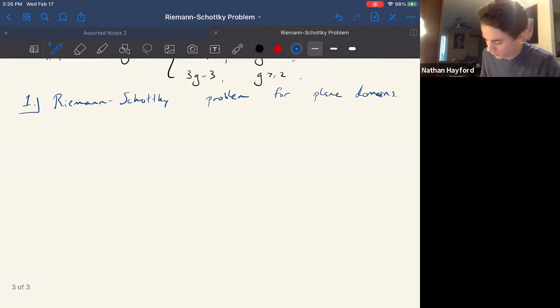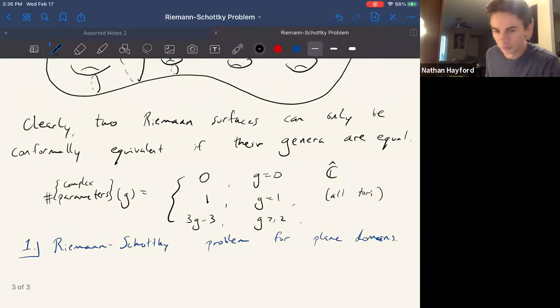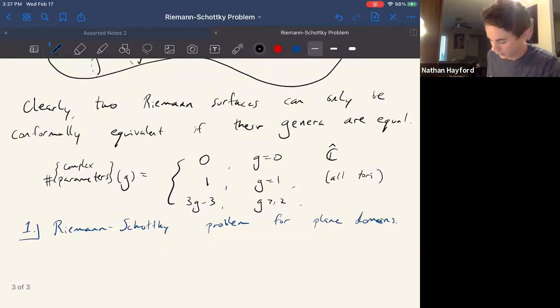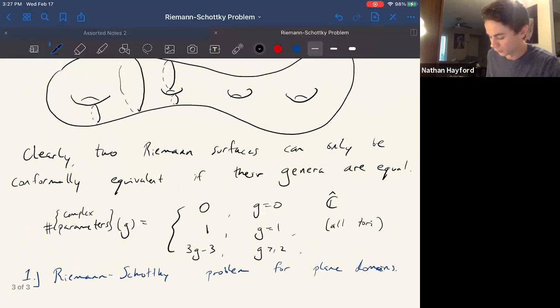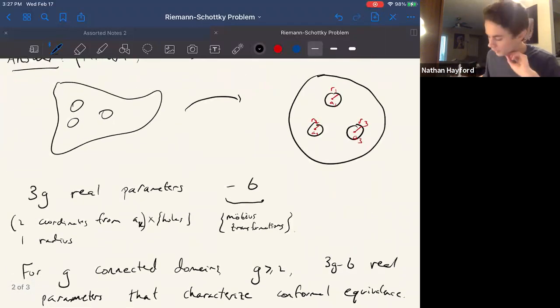So one of the points of interest, first of all, we're interested in getting a good descriptor of what the parameter space of these domains looks like as an object. And this space, by the way, has a name. It's called the moduli space.